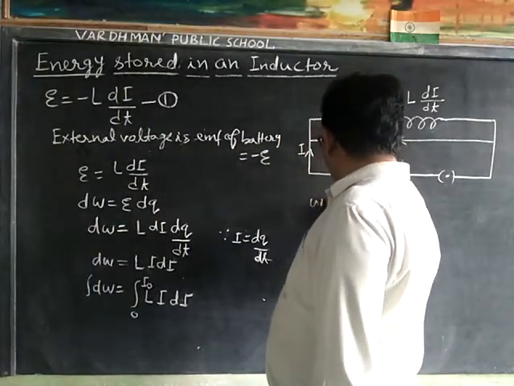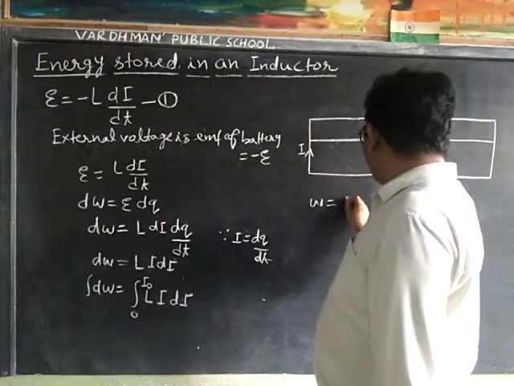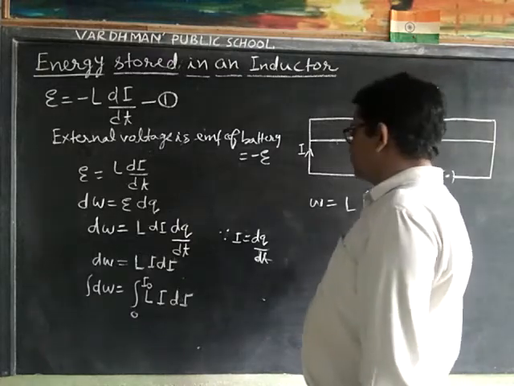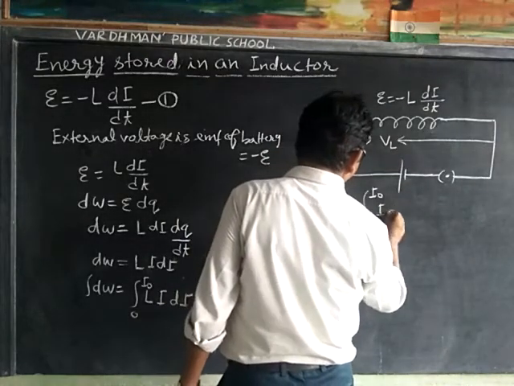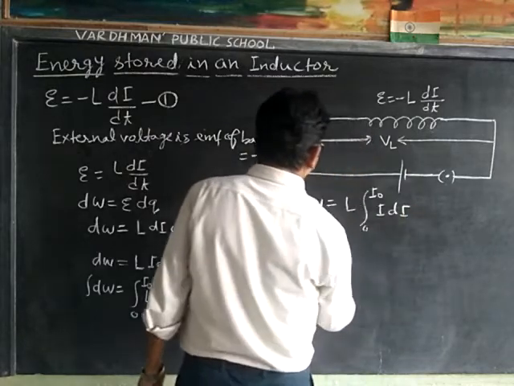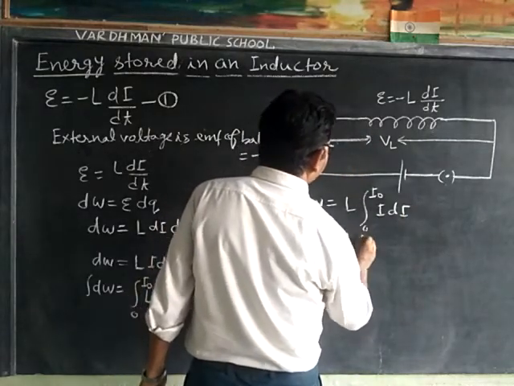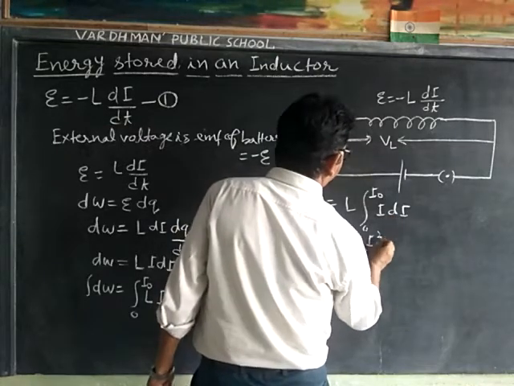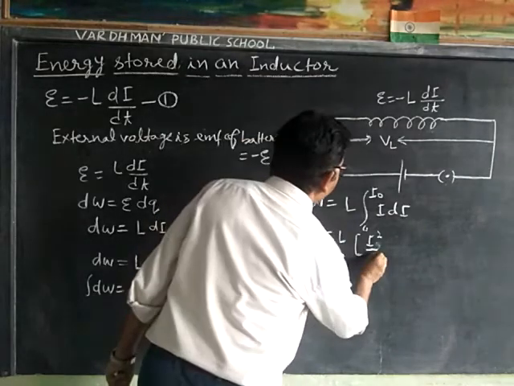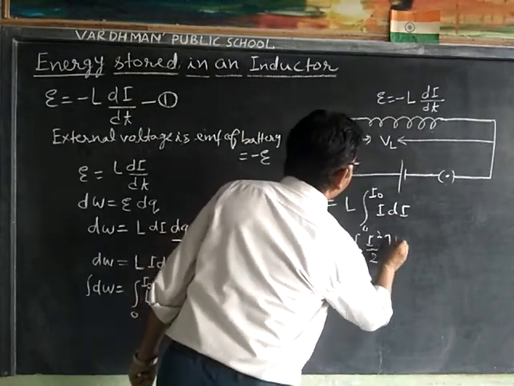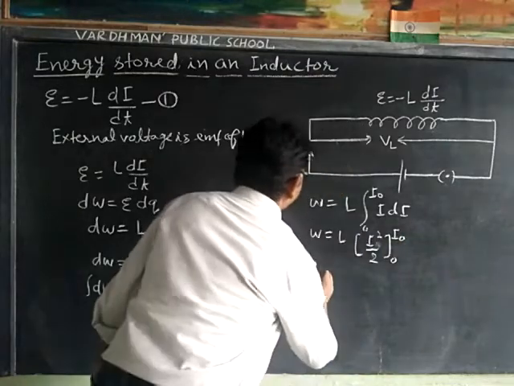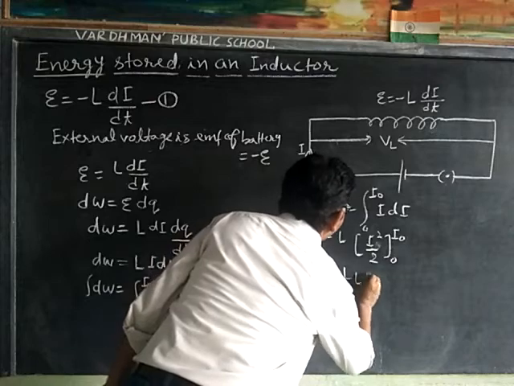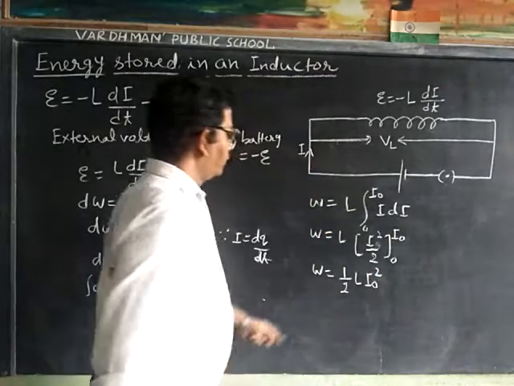W is equal to L times I square upon 2, from 0 to I0, that is W is equal to half L I0 square.